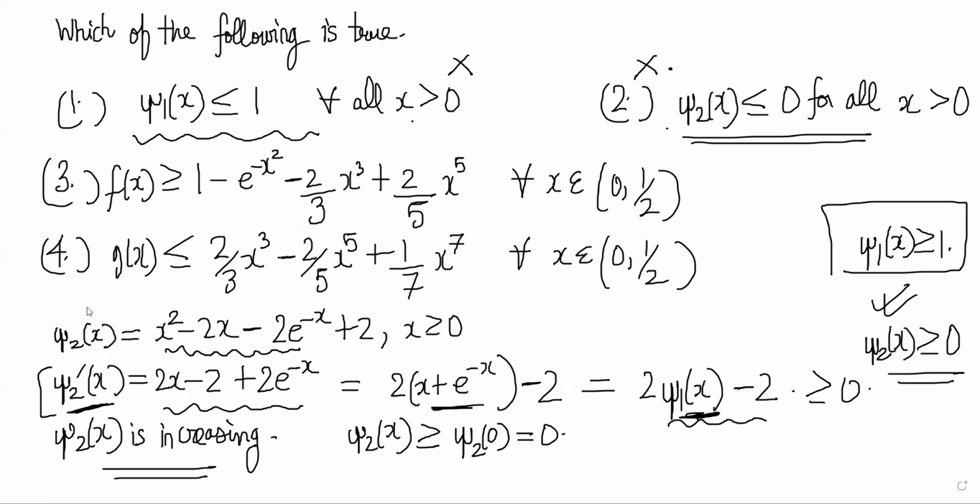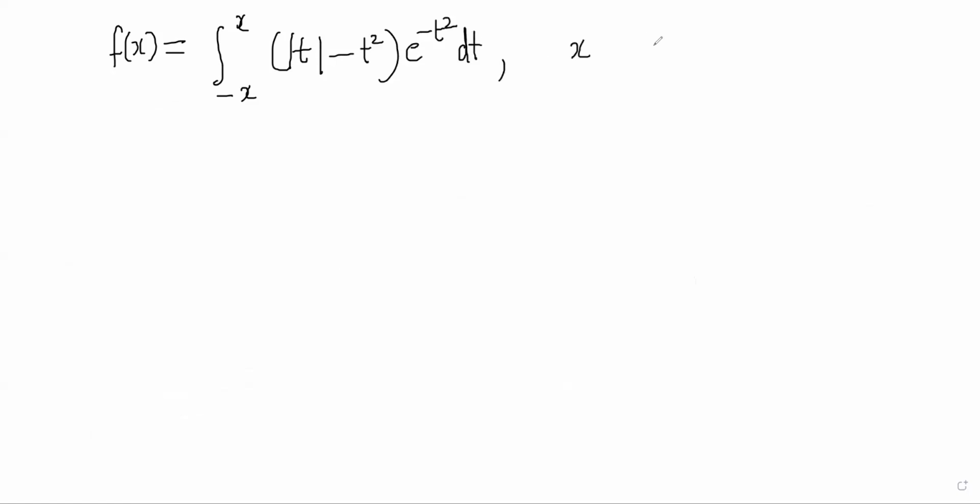Now we look at option 3 onwards. F of x was defined as the integral from minus x to x of mod of t minus t square, times e power minus t square, dt, for x greater than 0.